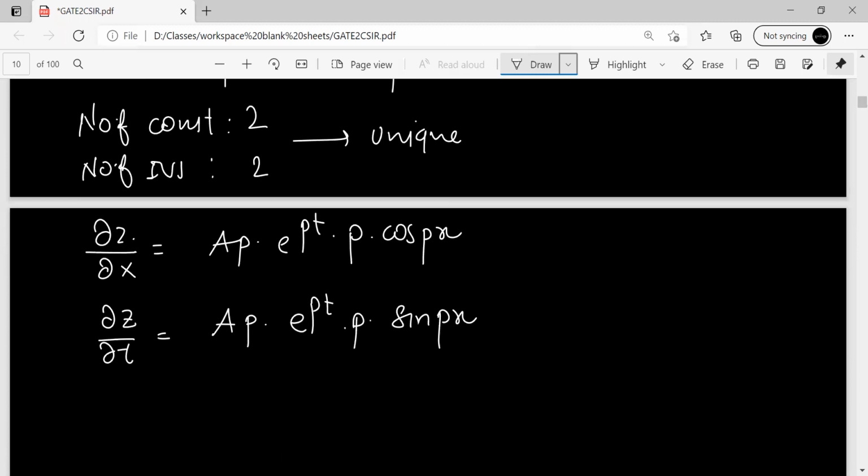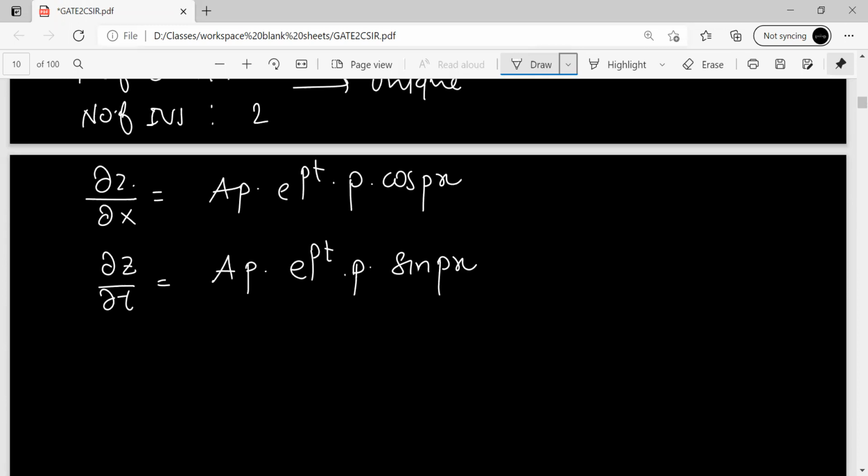Now from here I cannot think of eliminating anything, and squaring won't help me, because e power pt will be left. So instead I'll differentiate it one more time.